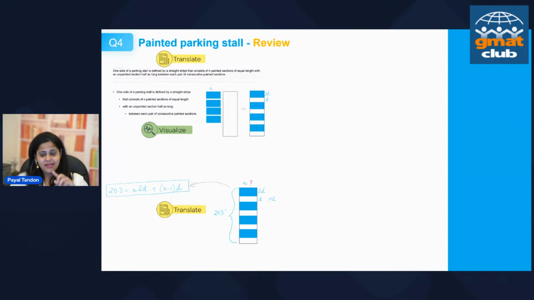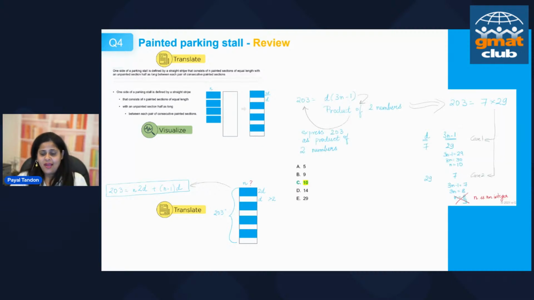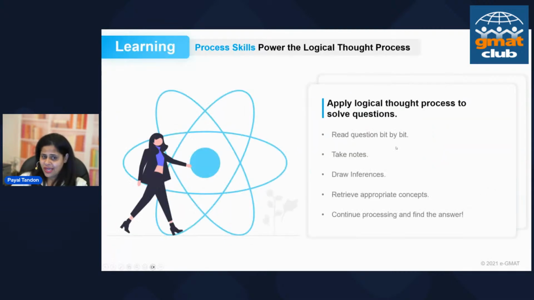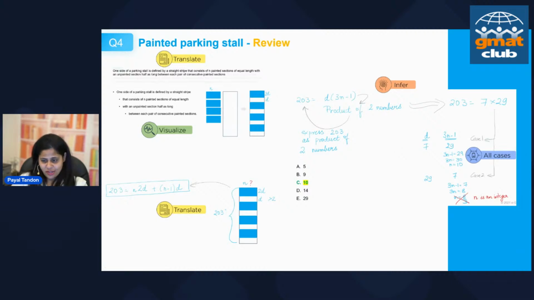We did the exact same thing with the previous question with Jorge's bank statement as well. And then you apply your knowledge of number properties. Here, you did not get scared of one equation and two variables. You inferred, then you considered both the cases, and then you ultimately got to your answer.